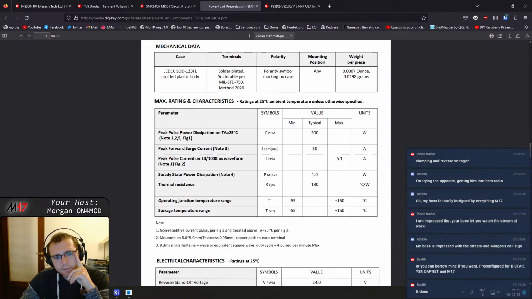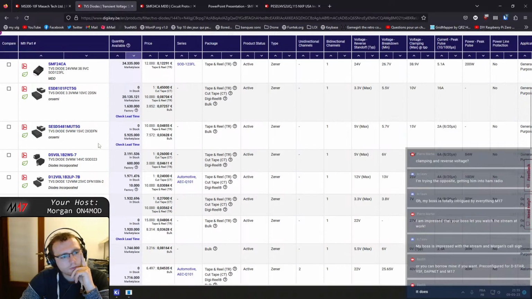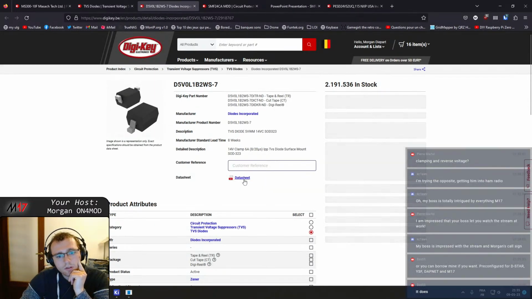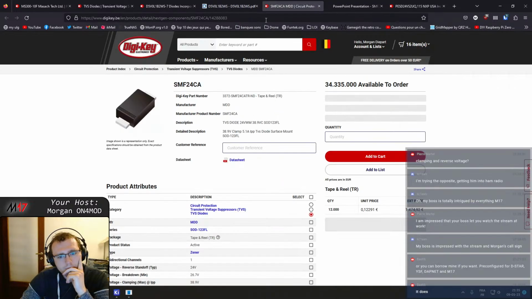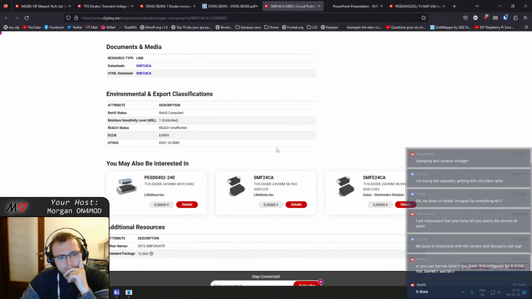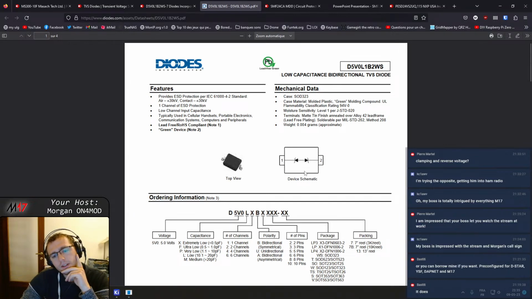Okay, they don't have kind of an internal diagram, which is very helpful when you want to show how it works. 14 volts is, I think, a bit high. Yeah, this is what it looks like.